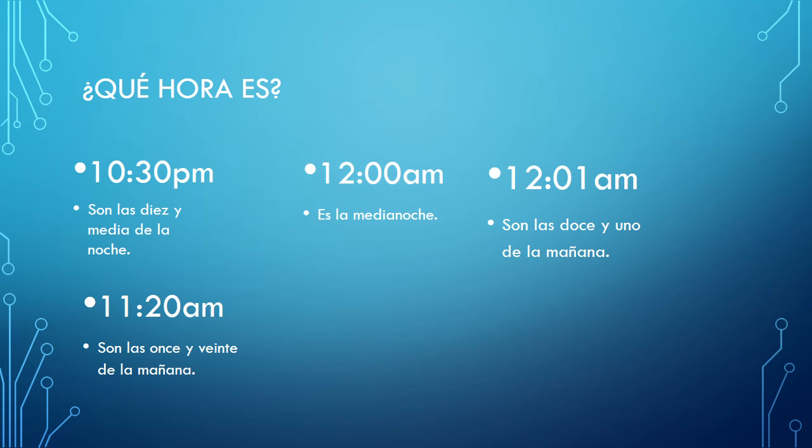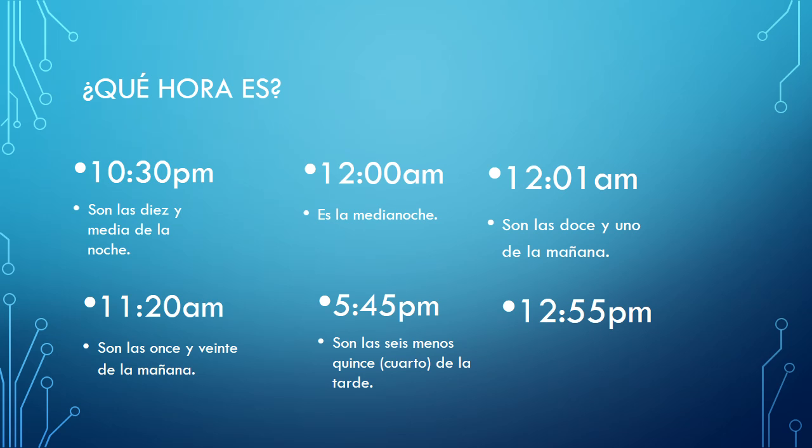Son las 11:20 de la mañana. ¿Qué hora es? Son las 6 menos 15 de la tarde. ¿Qué hora es? Es la 1 menos 5 de la tarde. So, that's how you express time in Spanish.